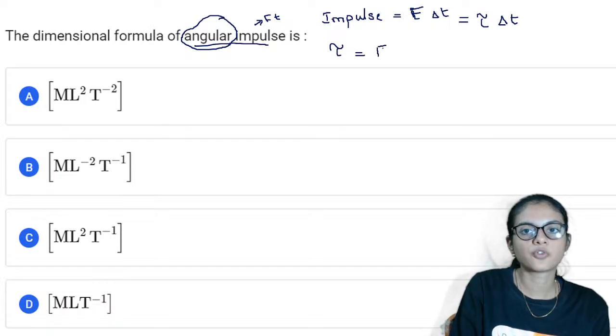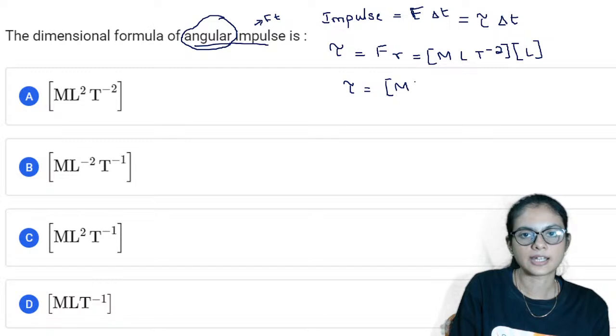Torque is nothing but force into R, F R it is called. And what is the dimension of force? It is M L T minus 2, right? And we have R, nothing but length, so L. So what is the dimension of tau? The dimension of torque is M L square T minus 2.